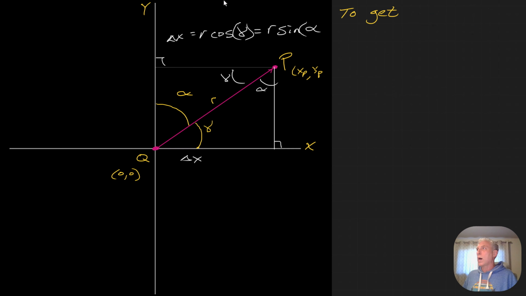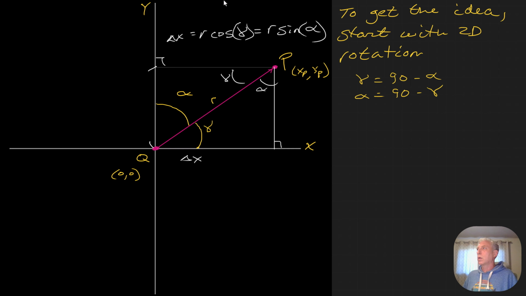Then our delta y, which is here, and that's the same as here, right? So delta y equals r sine gamma, which is equal to r times the cosine of alpha. Just getting our heads around these relationships, right?